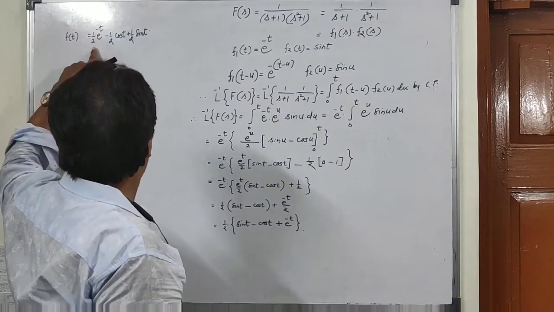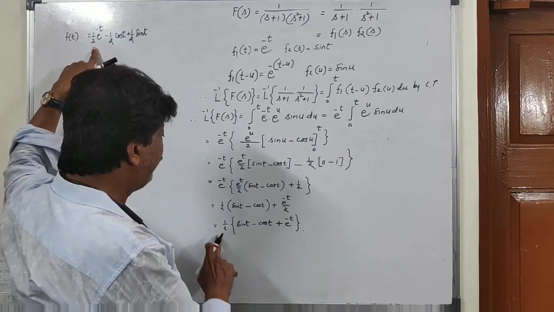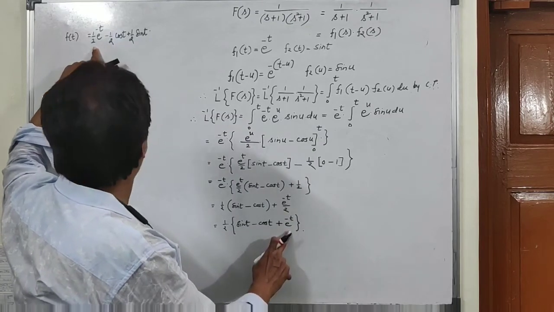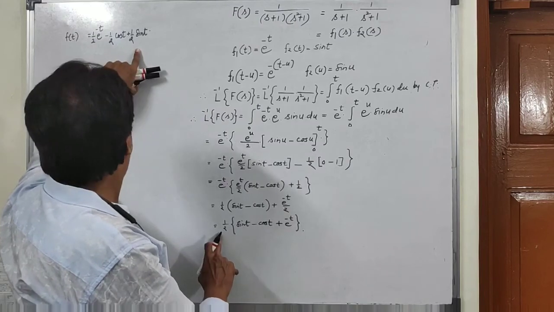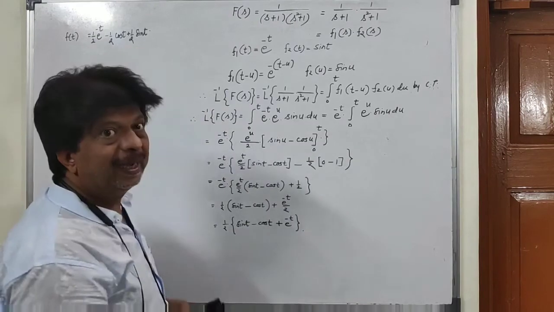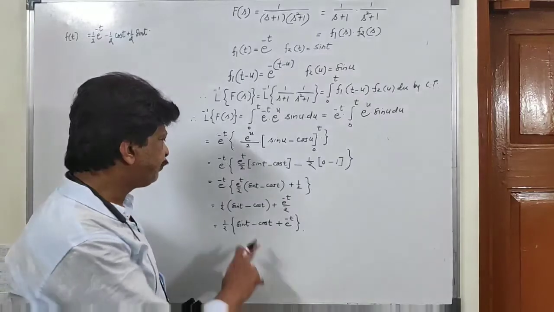Same answer is here: half of e raised to power minus t minus half of cos t plus half of sine of t.